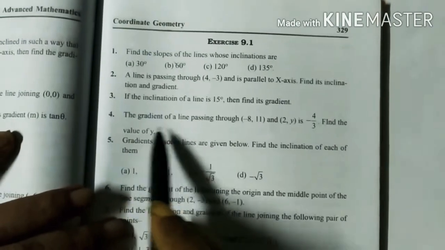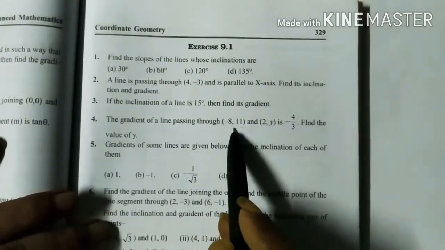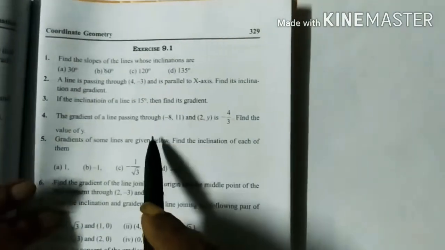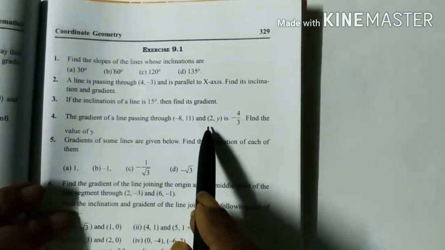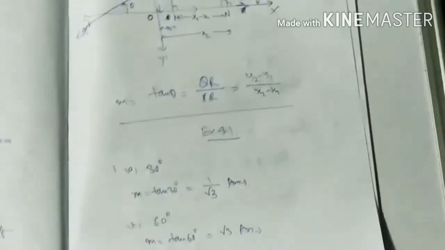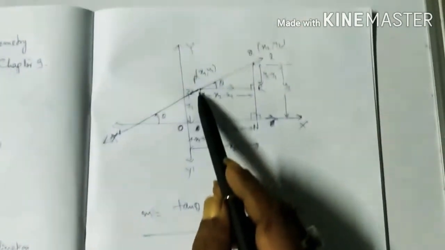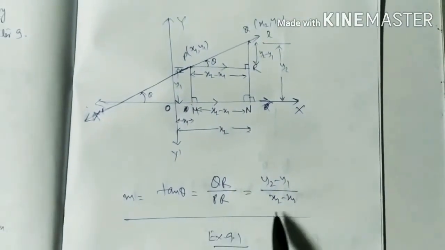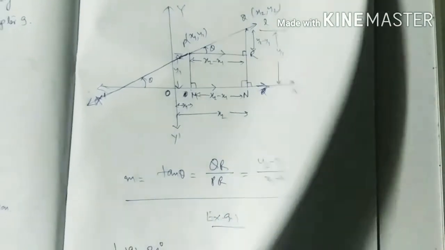Question number 4, see, it is given that the gradient of a line passing through this and this is this, find the value of y. That means the line is passing through two given points. So we are going to take the help of the formula which I have given to you, that when a line is passing through two given points, then the slope of the line is (y2 minus y1) by (x2 minus x1).